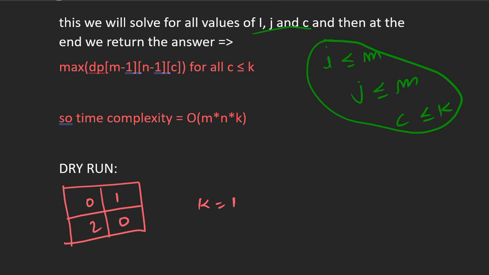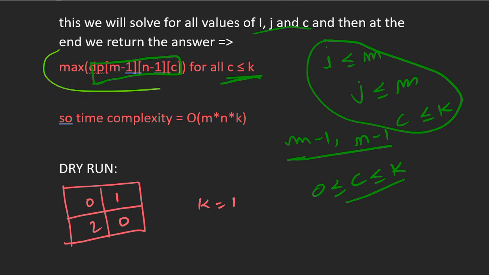We have to reach m minus 1 comma n minus 1, and our cost c can be any value from 0 to k, right? So we'll track all the values of dp at m minus 1 comma n minus 1, with c taking all the values from 0 to k. We'll take the maximum of all these values, and whichever is the maximum answer, that we will return.